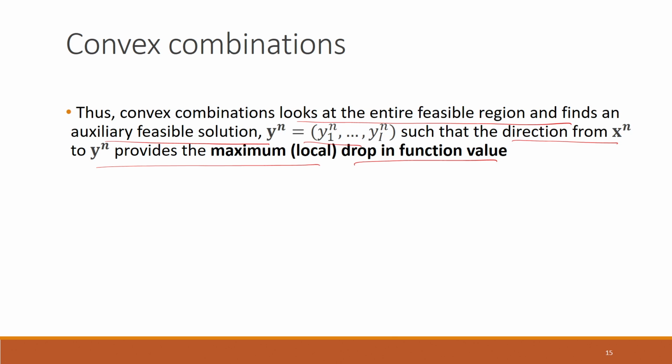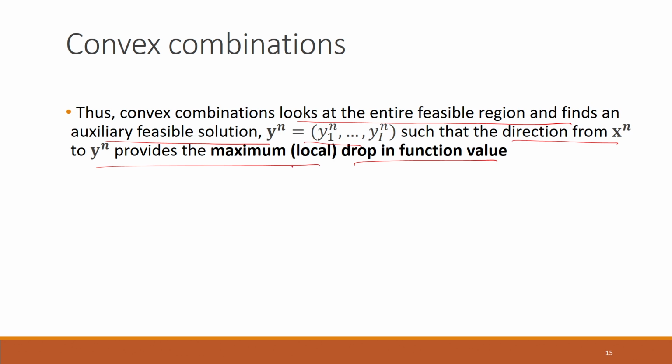In the case when there are constraints, it is not as simple as going directly opposite to the gradient direction, because even though the rate of reduction is highest in that direction, we may not be able to move that much because of the possibility of reaching an infeasible point. Therefore we want to find a new point yn such that if you go from xn to yn, you find the highest reduction in the function value.